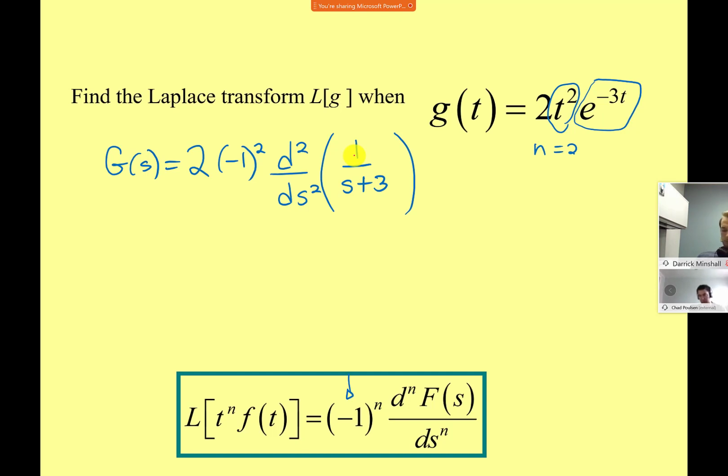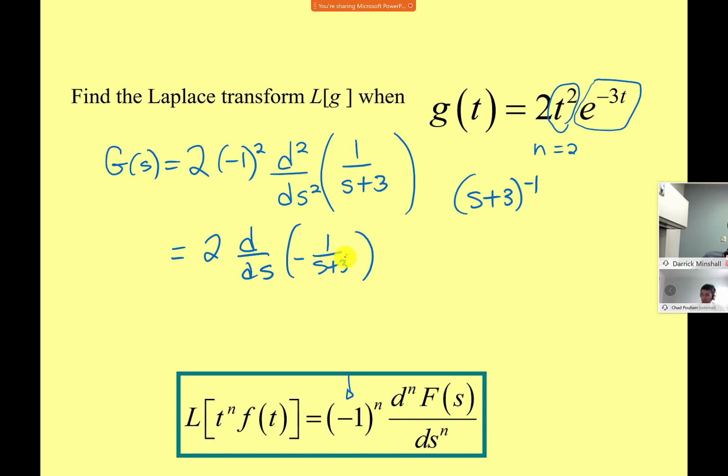So let's do the derivative. That's just still going to be a 2. So we're going to do another derivative in a minute, but let's do the first derivative. I'm going to think of this as s plus 3 to the -1. Okay, so power out in front, decrease the power by 1, so it's going to be negative (s plus 3) to the -2.